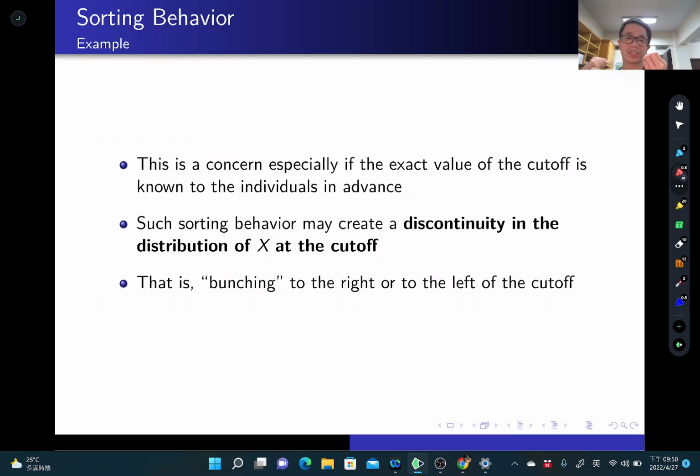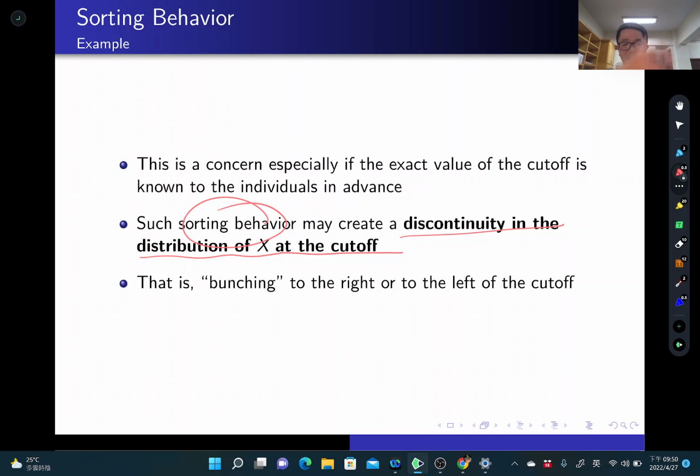So if such a thing happens, you will expect a lot of individuals might just stay around the cutoff, either just below the cutoff or just above the cutoff. So if such so-called sorting behavior happens, we should observe a discontinuity in the distribution of x at the cutoff.